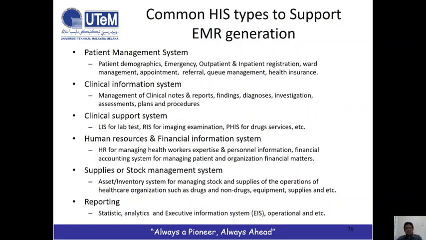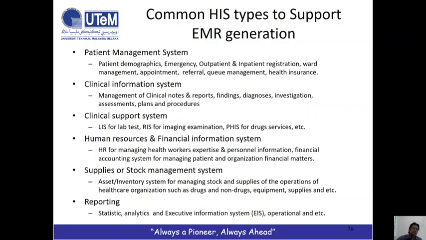And the common HIS type to support the EMR is the reporting, statistic, analytic, and executive information system, and also the operational activity, which generates the statistic that can be saved in the EMR record.